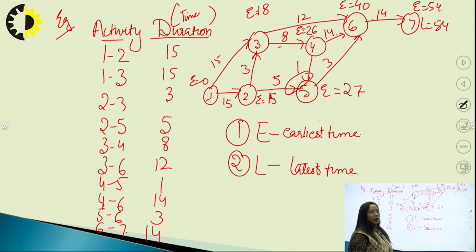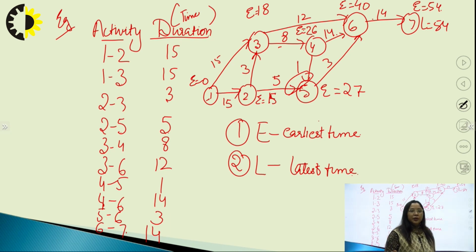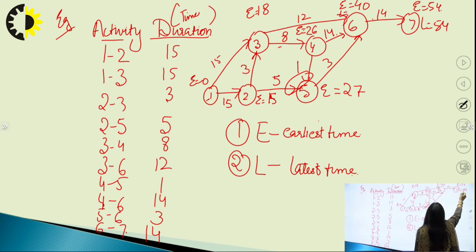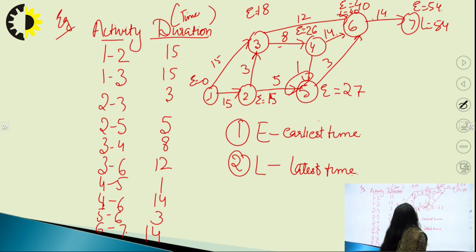Now we will subtract the duration from each and every activity. Here you can see L is equal to 54 minus 14, 40. Now we will come to 5. L is equal to 40 minus 3, 37.